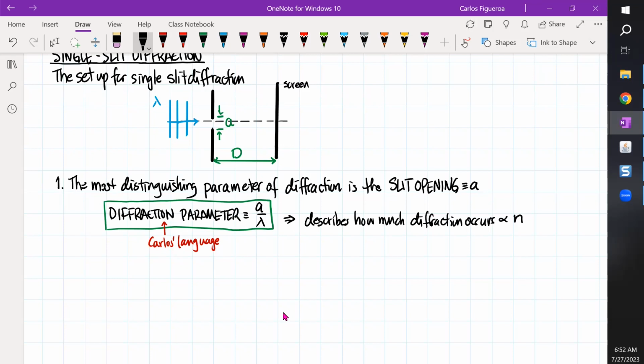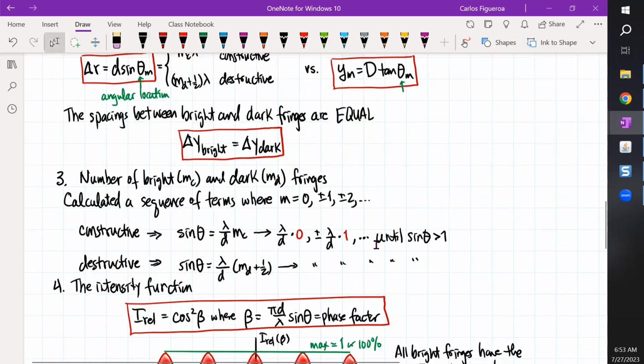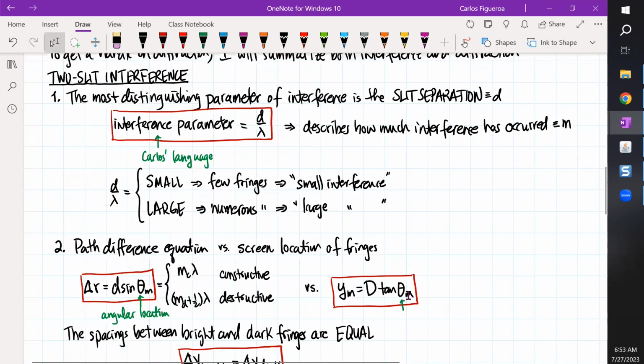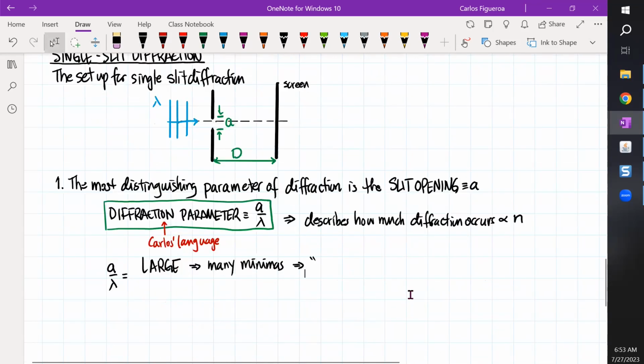So in the same feel as before, a over lambda says that if I have a large diffraction parameter, that means I have many minimas. I'm going to say it has lots of diffraction.